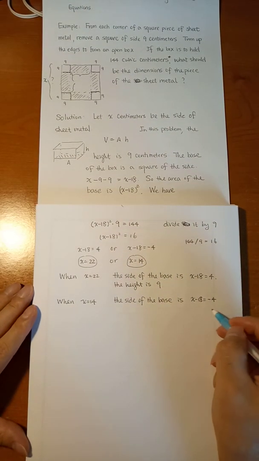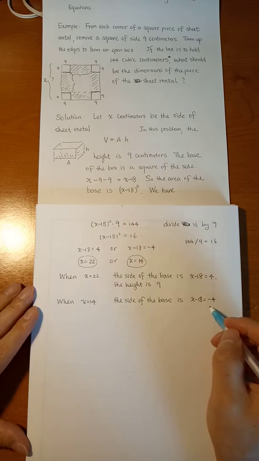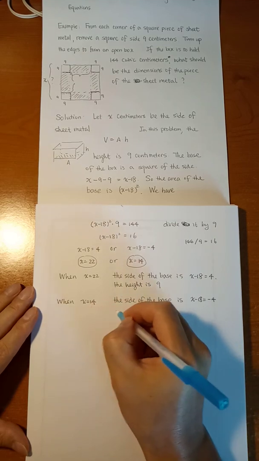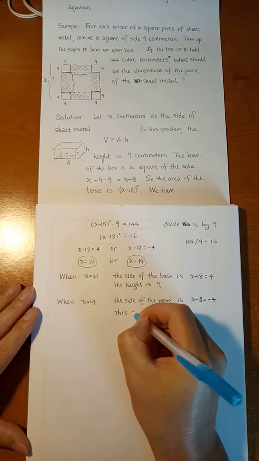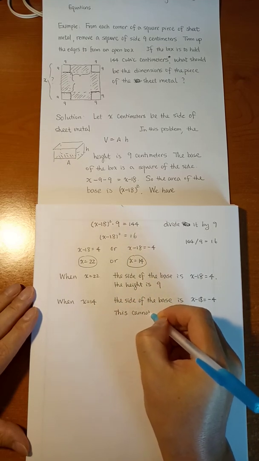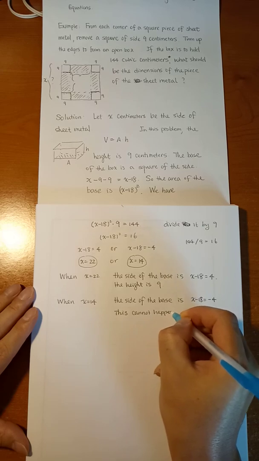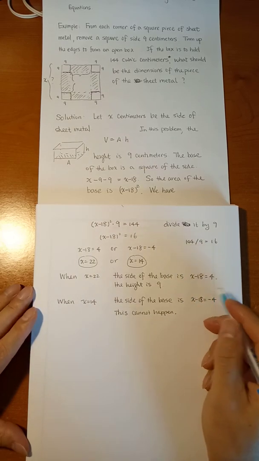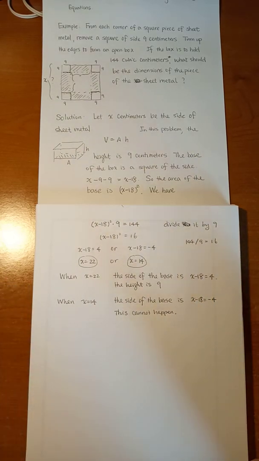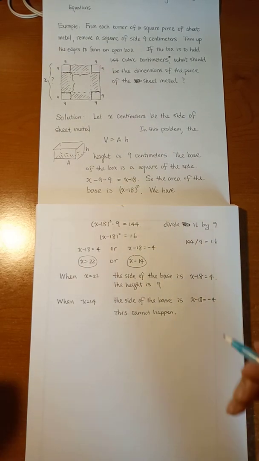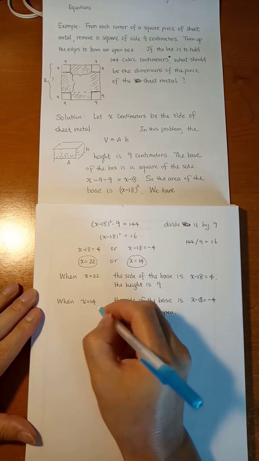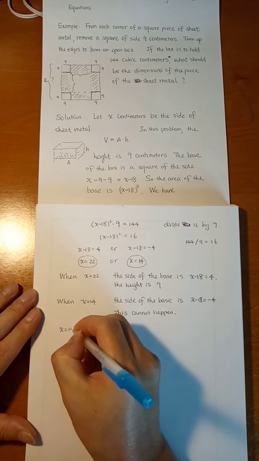In the real question, the side of the square can never be a negative number. This cannot happen. There's no negative side. So this means x equal to 14 is not a solution.